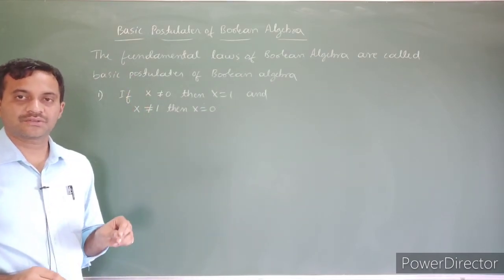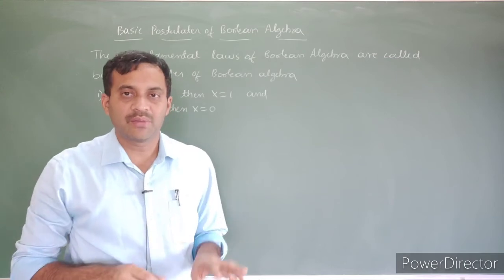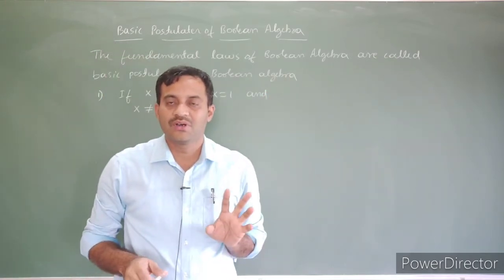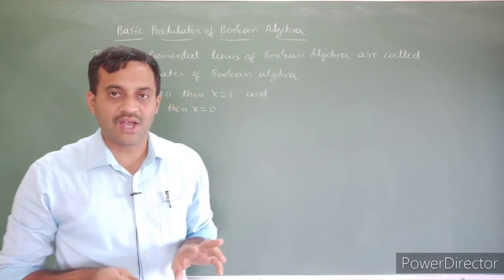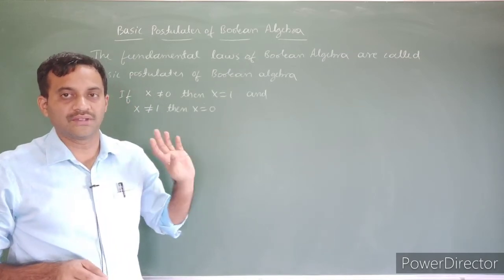This is the first law, because every variable in a truth table or in a Boolean expression has only one unique value out of 2. Here the 2 values are either 0 or 1.